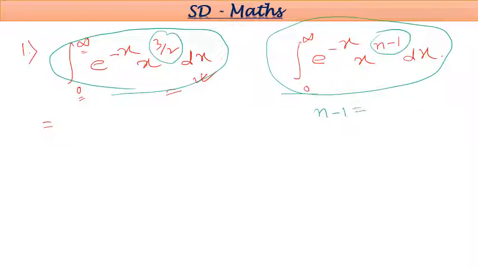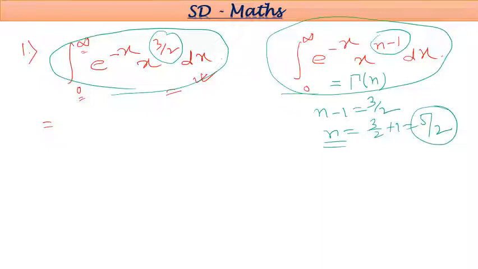So n equals 3 by 2 plus 1, that means 5 by 2. And this is actually equal to gamma n, right? So here the value of n is 5 by 2. So it will be gamma 5 by 2, right?